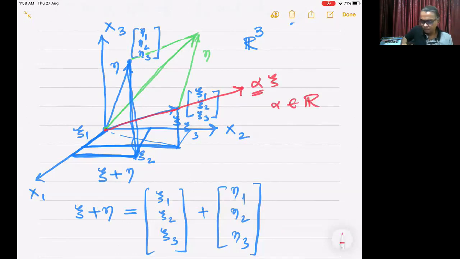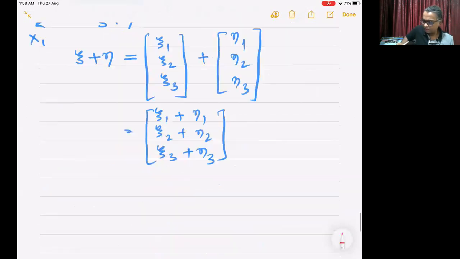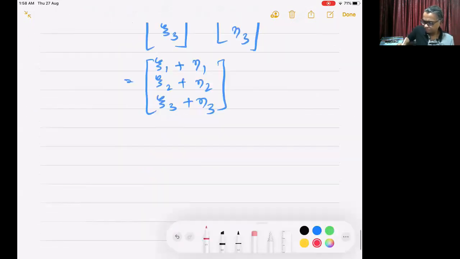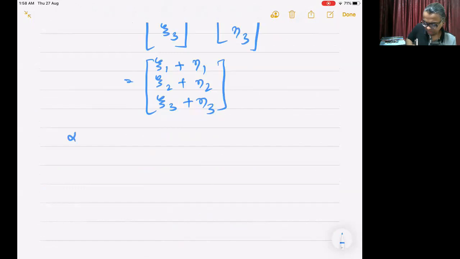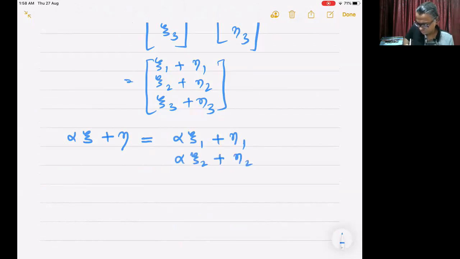And then instead of just xi plus eta, I may also talk about alpha xi plus eta. This combination is going to be alpha xi1 plus eta1, alpha xi2 plus eta2, alpha xi3 plus eta3.